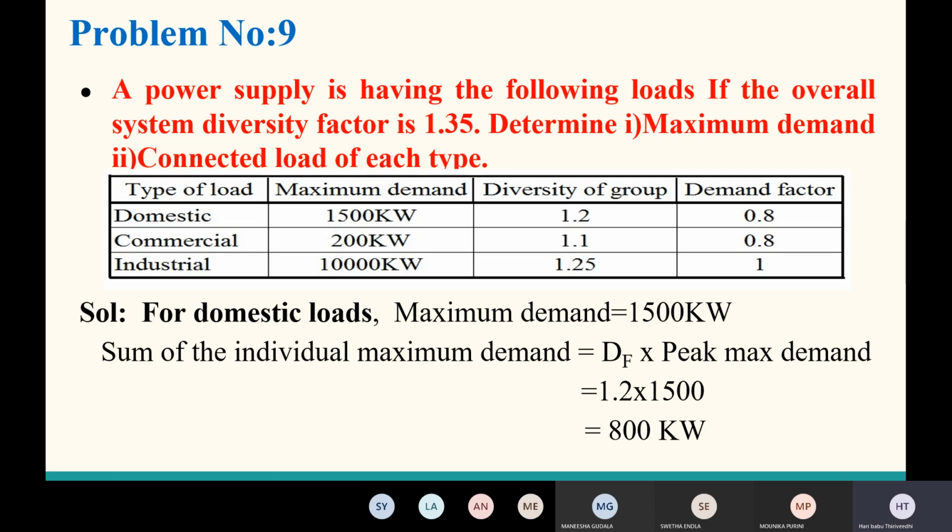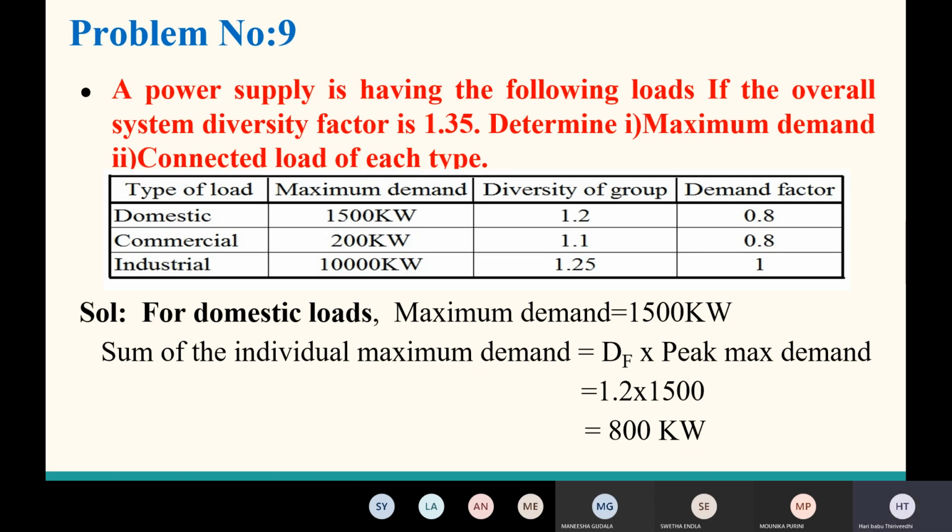Now the second one, we have to find the connected load for each: domestic, commercial, and industrial.